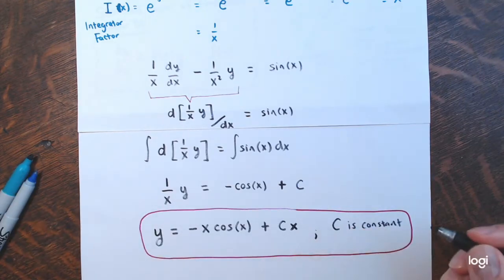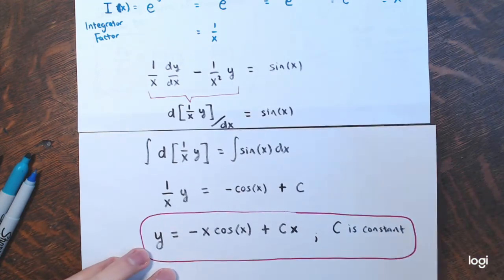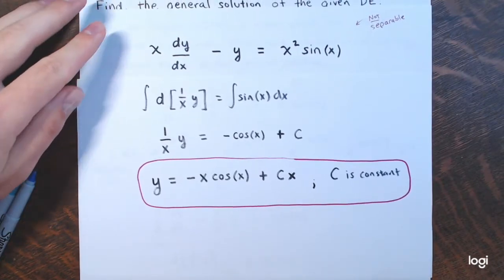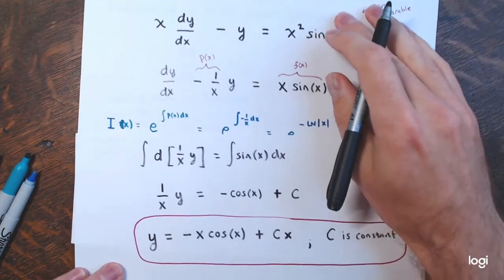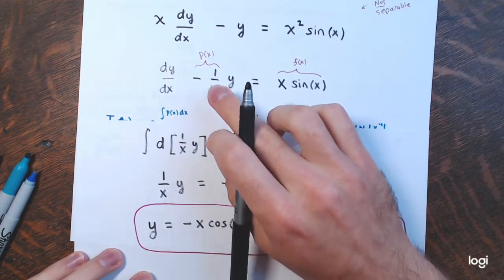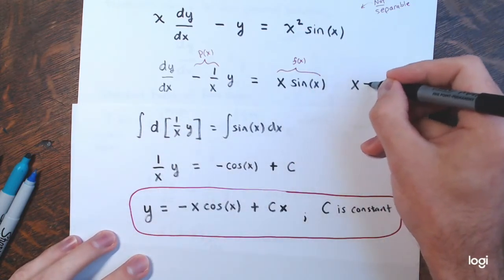Now comes the tricky part, I guess. The interval, the largest interval over which this is defined. Well, remember how up here I divided through by x, so at some point you have 1 over x. You got 1 over x here, you got 1 over x there. So x cannot be 0.